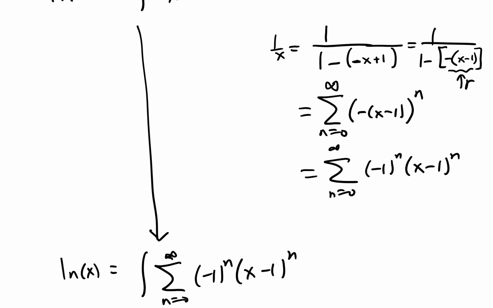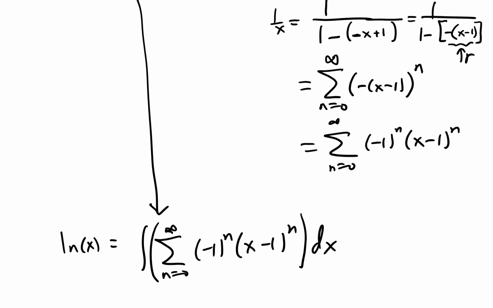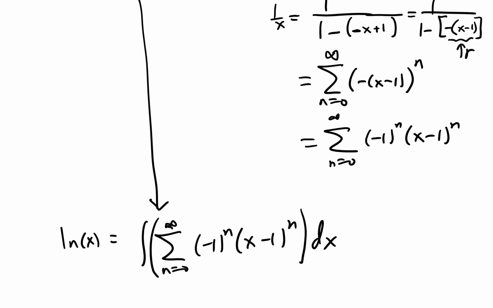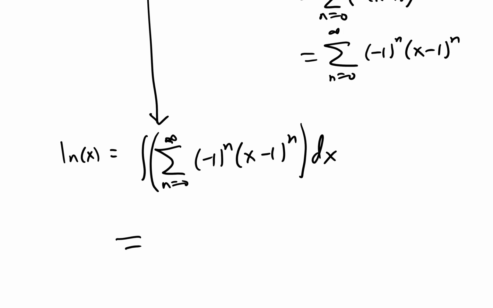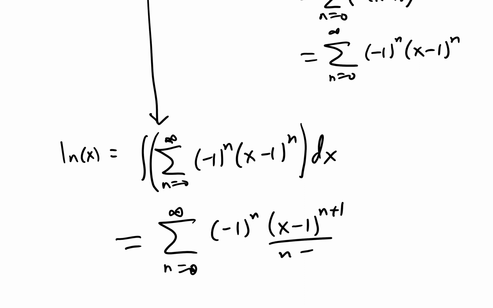When we write that, make sure you put parentheses and dx. We pass the integral inside to integrate this. n keeps starting at 0, and negative 1 to the n is just a constant. The integral of this is you add 1 to the exponent and divide by the same exponent, and don't forget the plus c that goes outside.